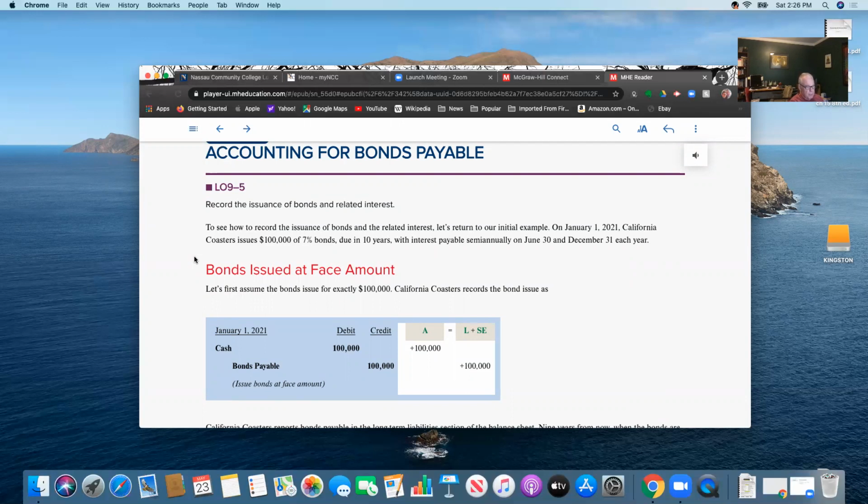You take in 100,000, you pay back 100,000. But with bonds, that almost never happens. With bonds, you could take in more than 100,000 and pay back 100,000, or take in less than 100,000 but have to pay back 100,000. Don't worry now about how that can happen. Just know that it does.